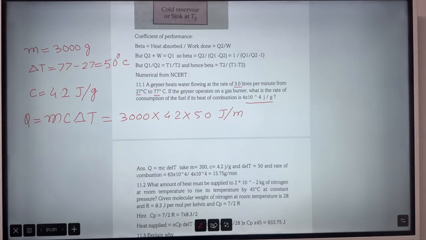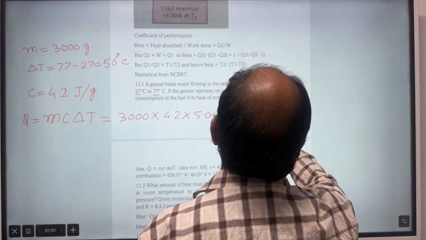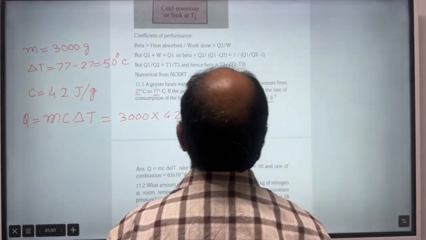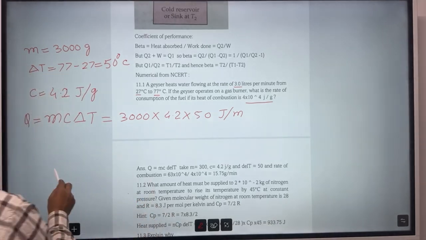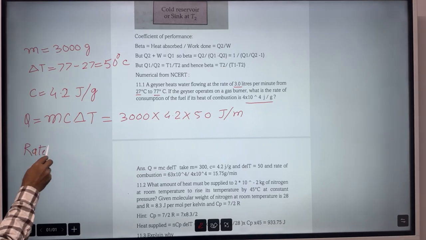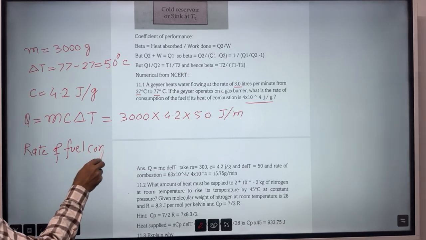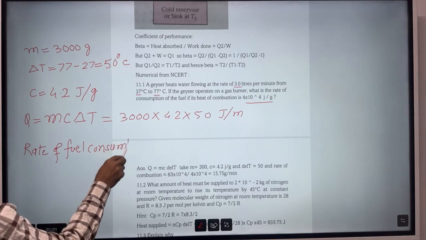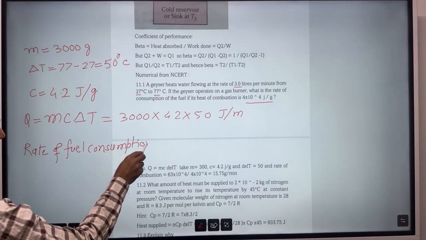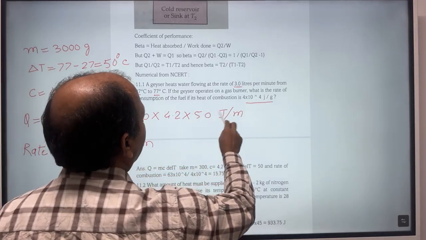So energy released by fuel is 4 into 10 power 4 joule per gram. So we can easily find mass of fuel per minute, or rate of fuel consumption. So heat required per minute divided by heat given out.